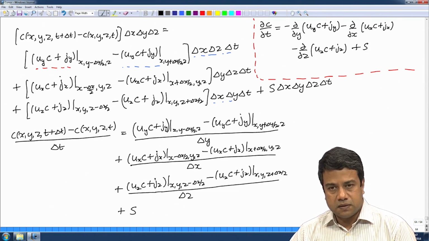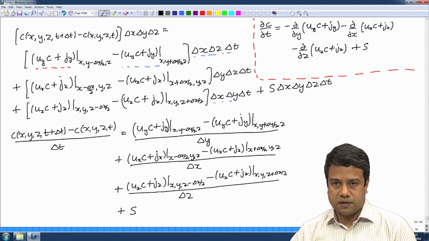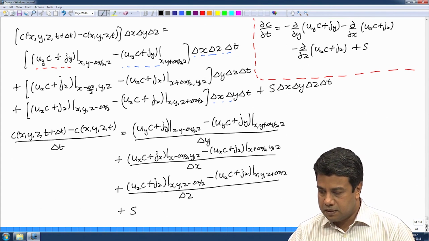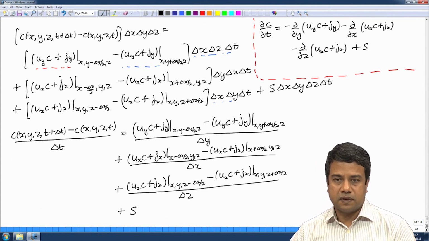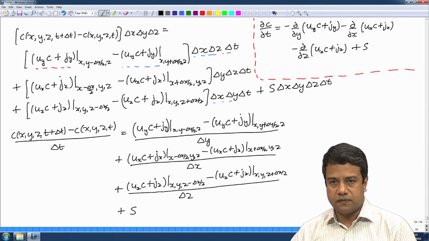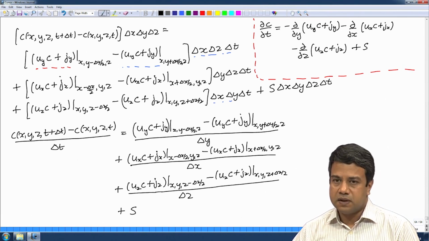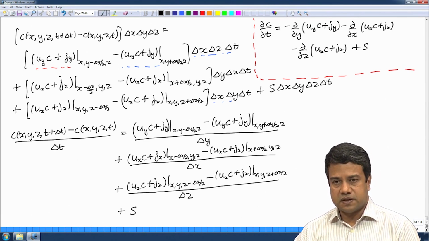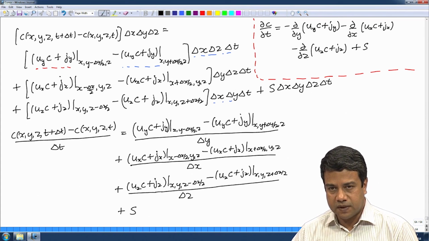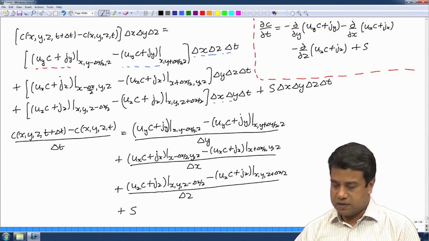So, that is going to be the differential equation, the balance equation for the concentration field that includes both convection and diffusion, convective transport across surfaces due to the mean fluid flow, as well as diffusion across surfaces due to the concentration variations.